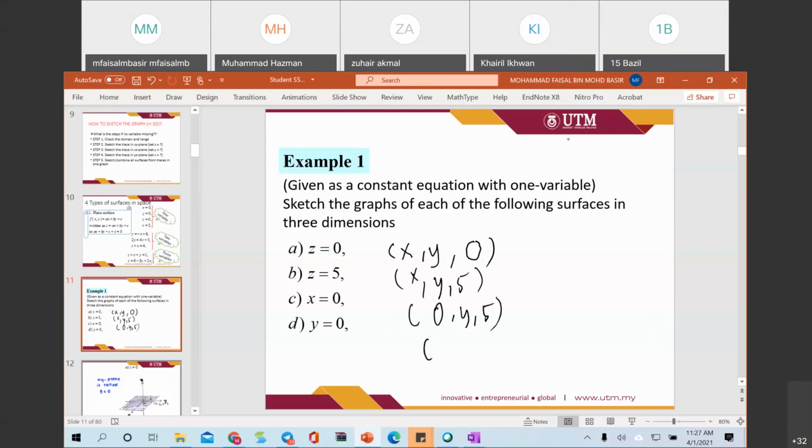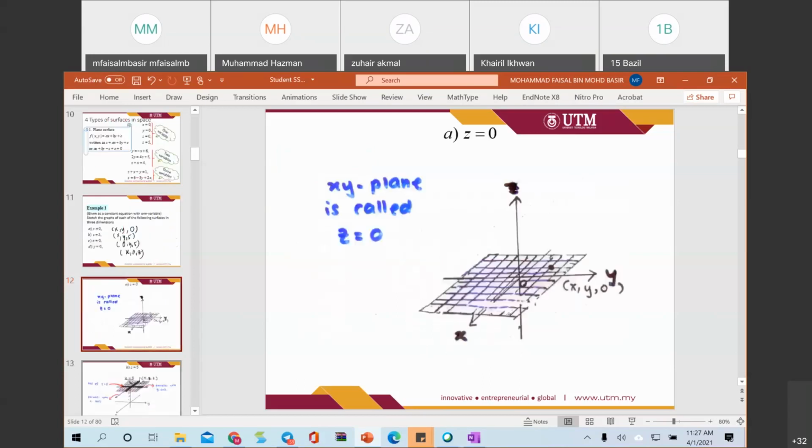Okay, then y = 0 is (x, 0, z). So z = 5 means everything in X, everything in Y, but your Z is 5. And x = 0 means everything in Y, everything in Z, but your X is 0. So y = 0 means everything in X, everything in Z, but your Y is 0.